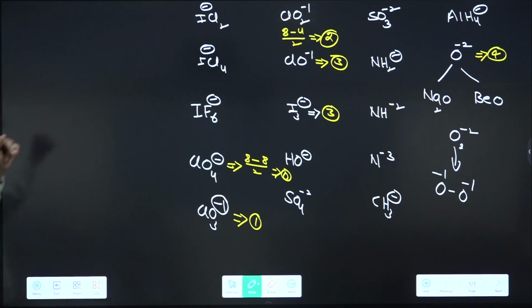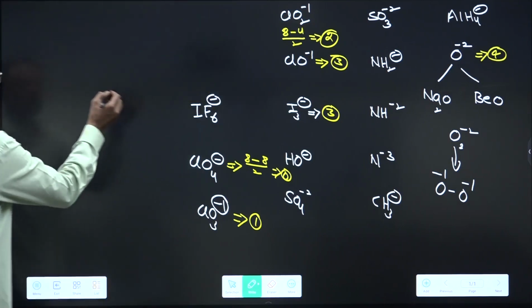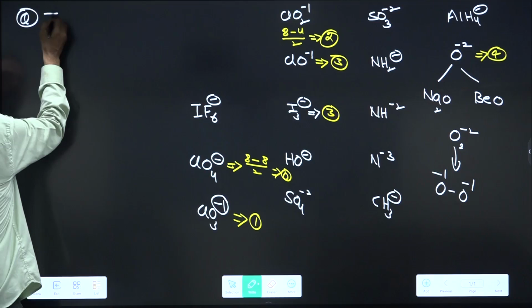So take down that all negative ends, work out later. All are same. So this is that question, right?